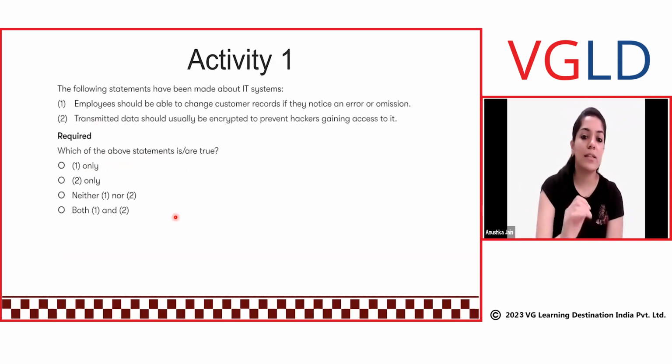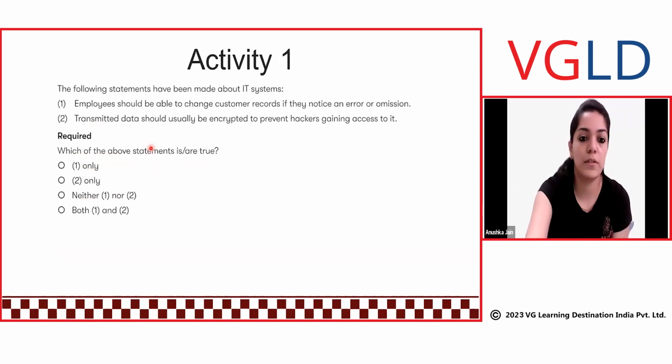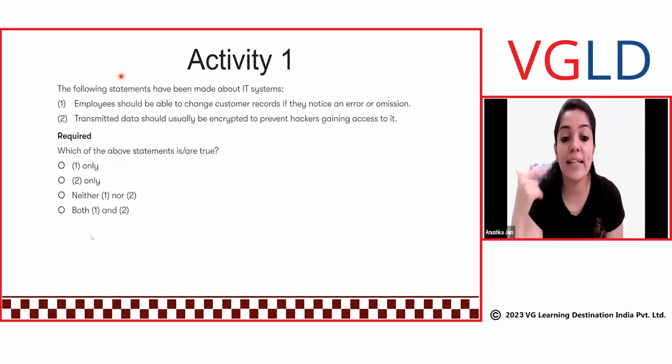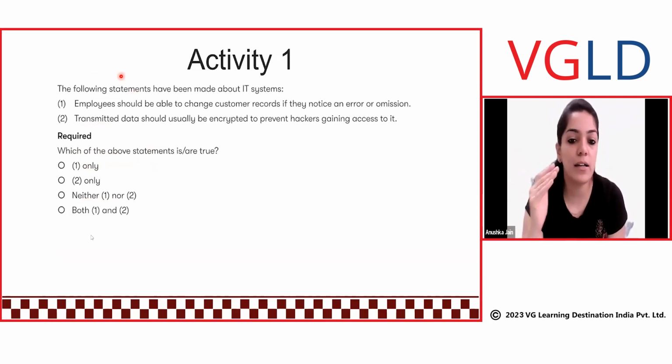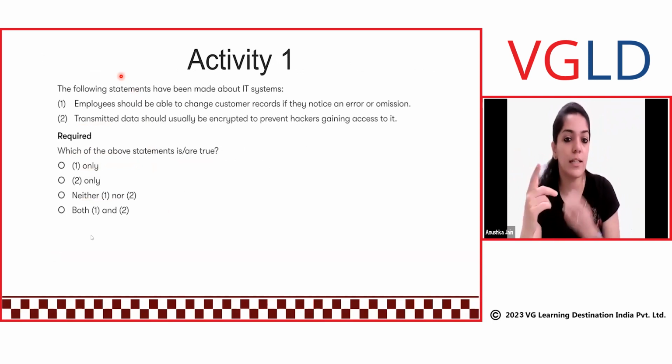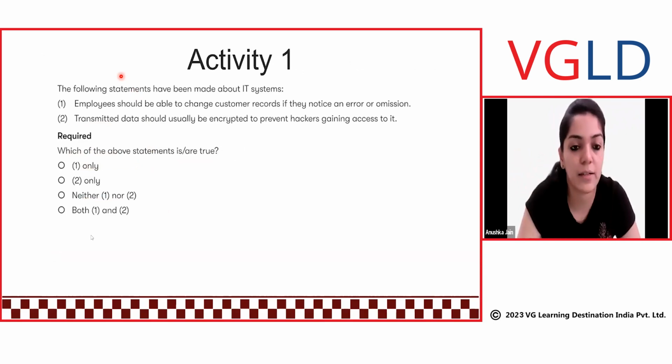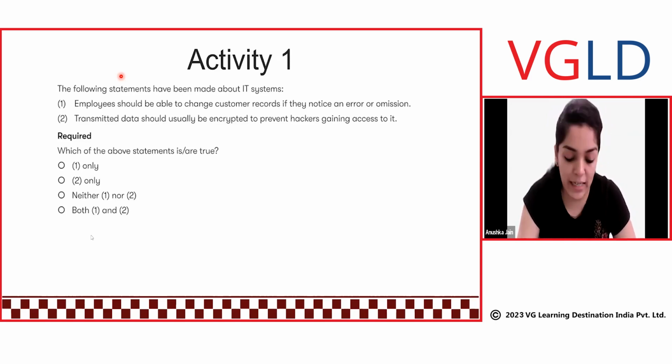Okay. So there is an activity for you all. You have to give me the right answer. Remember, I told you always read the requirement first. What is the requirement here? Which of the above statements are true? Let's read these two statements and then decide. The following statements have been made about IT systems. One: employees should be able to change customer records if they notice an error or omission.